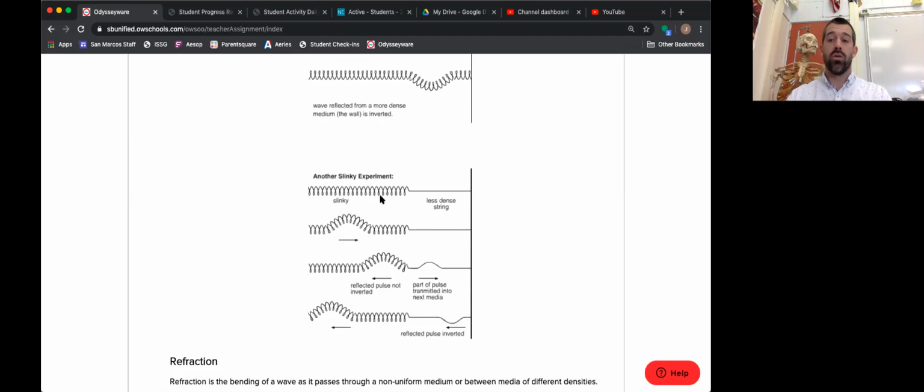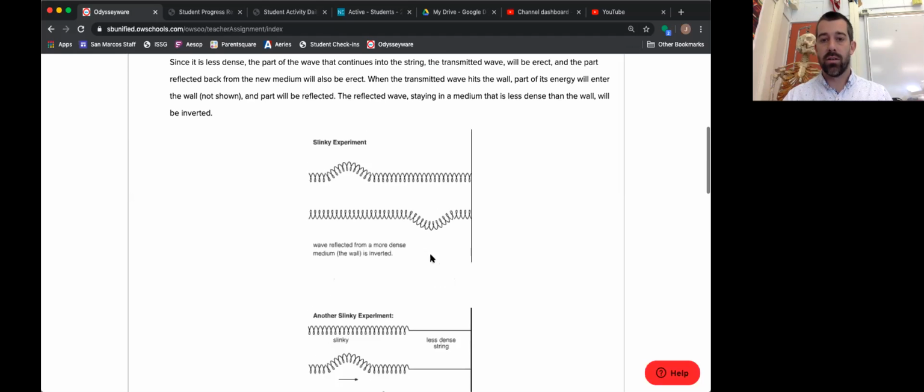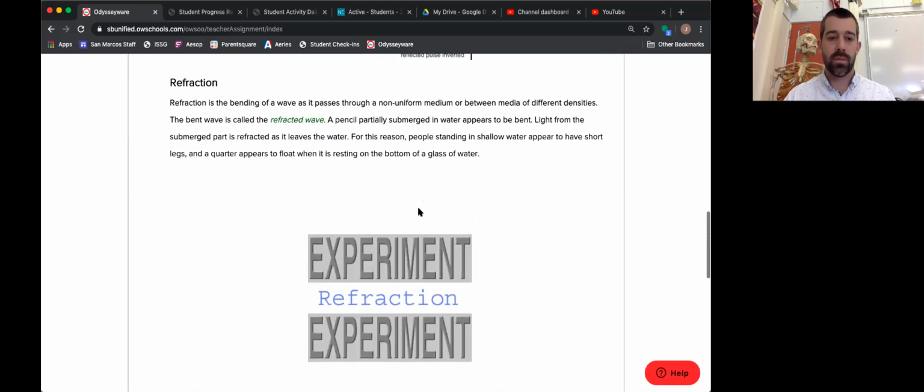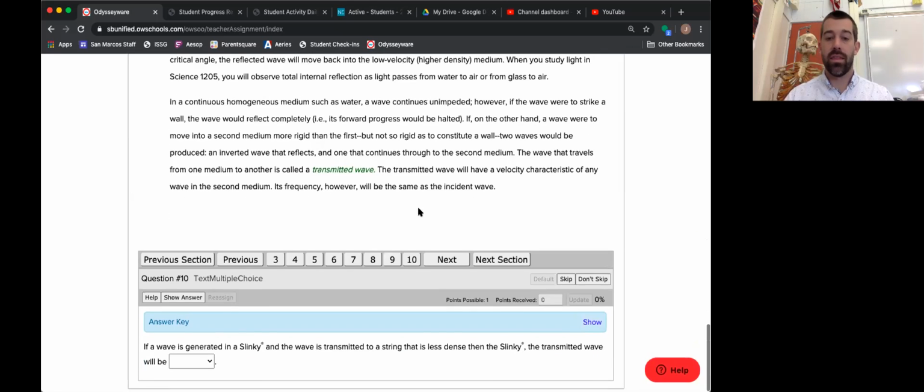If you send this really heavy slinky into this much less dense string, you'll actually see a reflection when it travels from the slinky to the string because there's a change in material. But since the string is less dense, it acts like that free end and the wave is not inverted. So more dense, you get inversion. Less dense, no inversion. Okay, that is the secret.